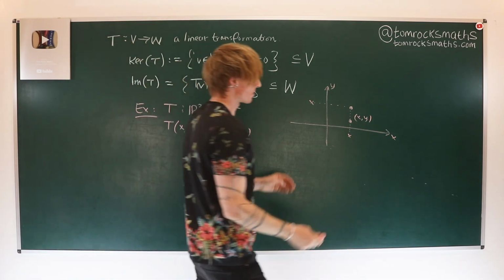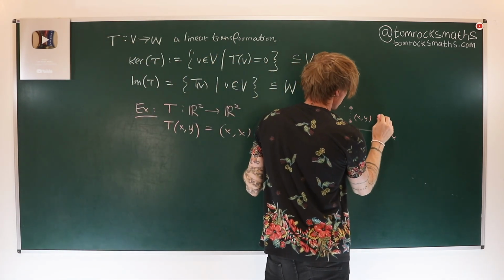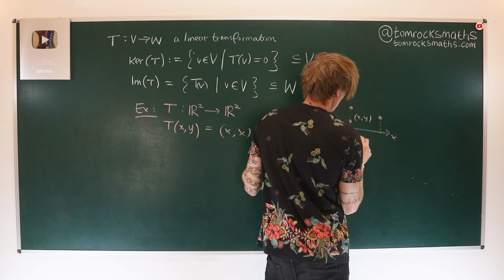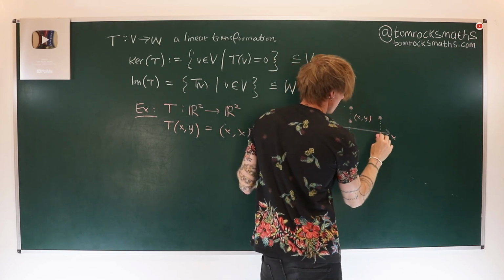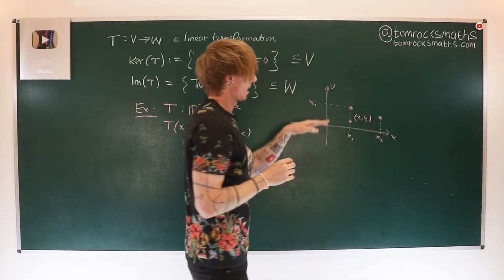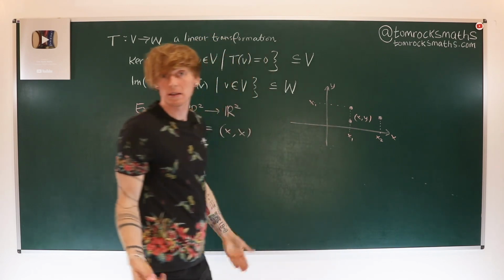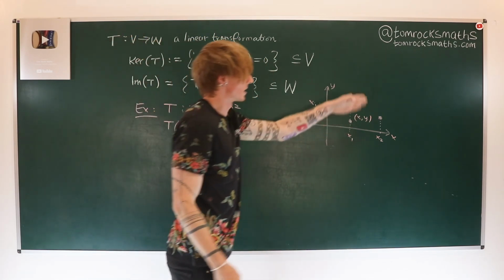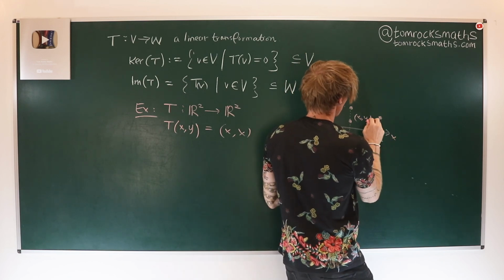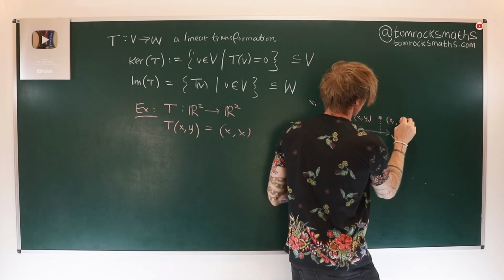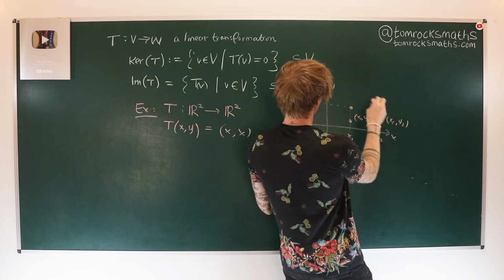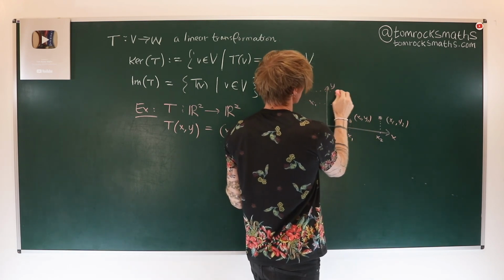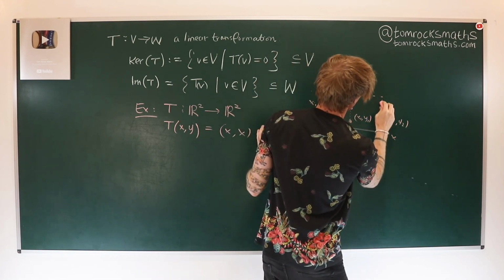Now if I had a different position, maybe over here, say that's x1, and this one was x2, and we have a different y value as well, of course. So that's (x1, y1), this is (x2, y2). Under this map, this is going to go to the y value up here of x2.